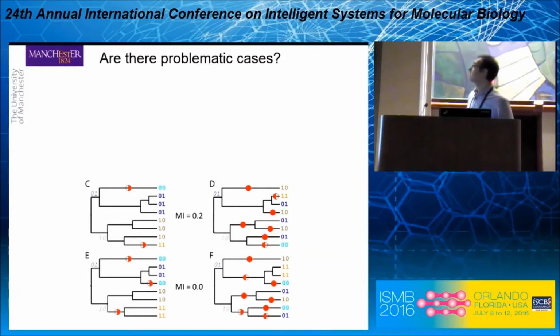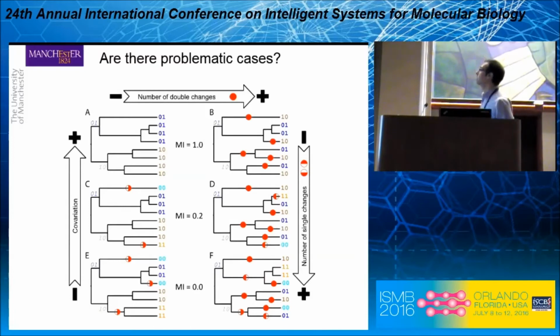However, again, these pairs of scenarios are quite different. In the scenarios on the left, after that initial divergence, there are only single changes. So this suggests that those sites are evolving independently. On the other hand, in the scenarios on the right, there are still more double changes than single changes. And this supports the idea that these might be coevolutionary scenarios.